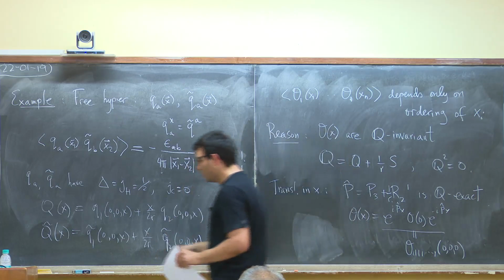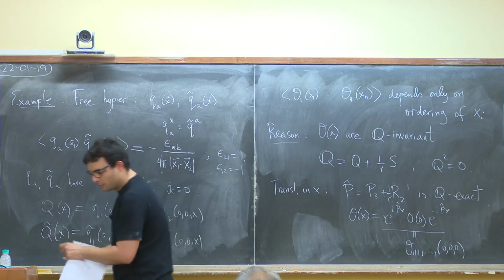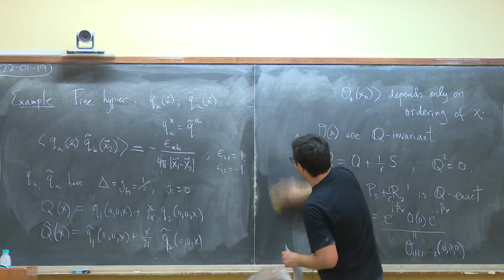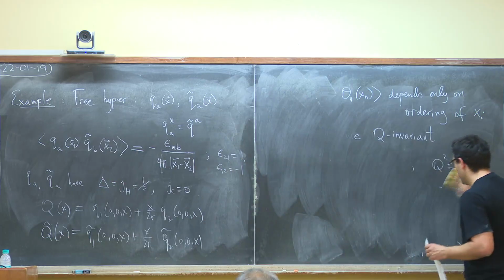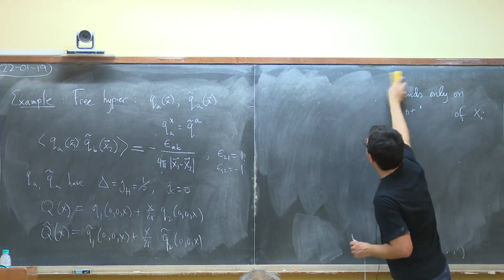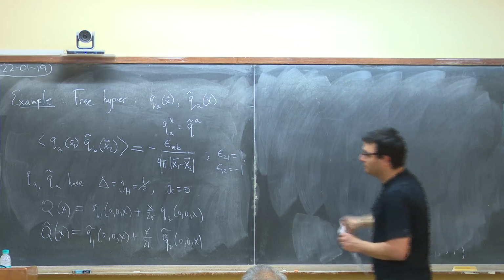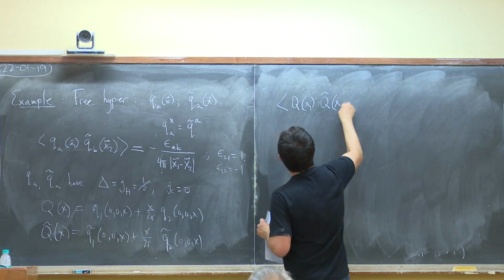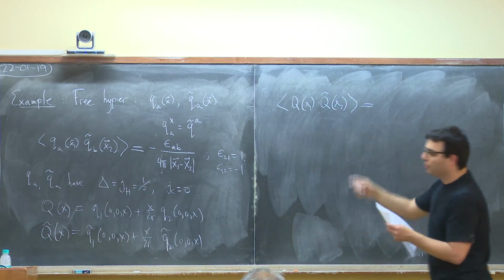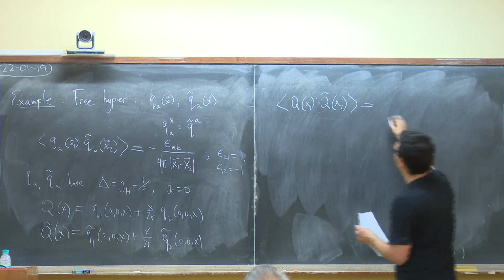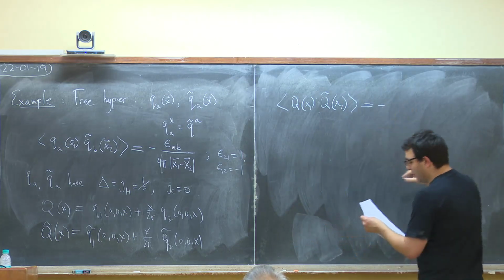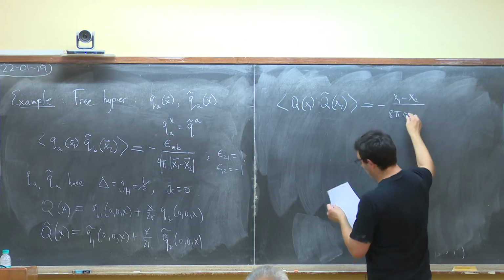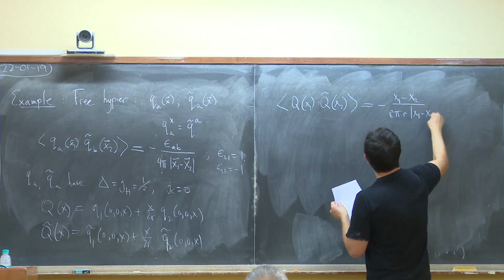Okay? And then you can compute, very explicit 2-point function, very explicit definition. You can try to use the definition and the 2-point function to compute the 2-point function of capital Q and capital Q tilde, Q of x1, capital Q tilde of x2. If you just plug these formulas in, what you're going to find is that this is going to be minus x1 minus x2 divided by 8 pi r, absolute value of x1 minus x2.